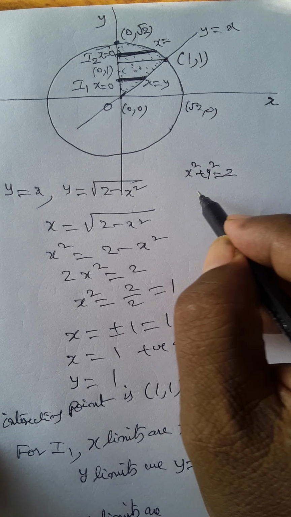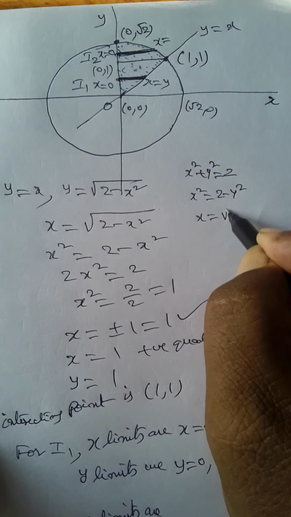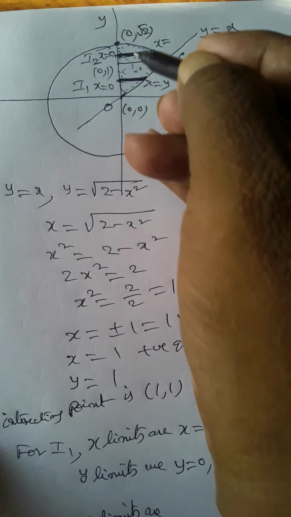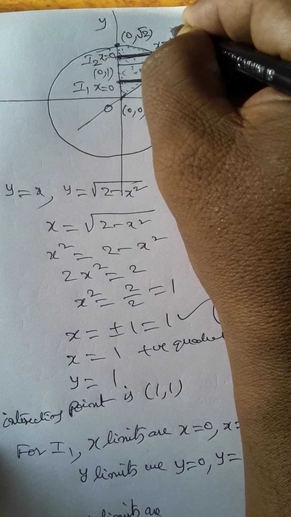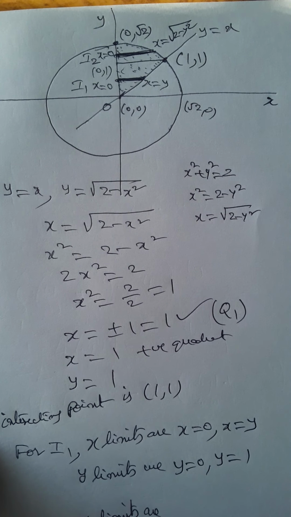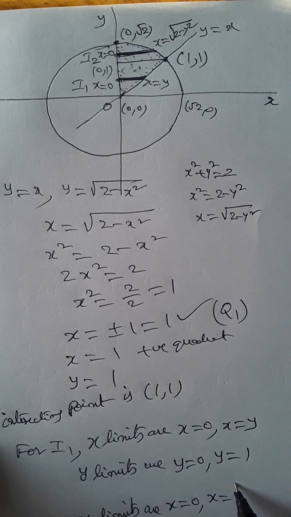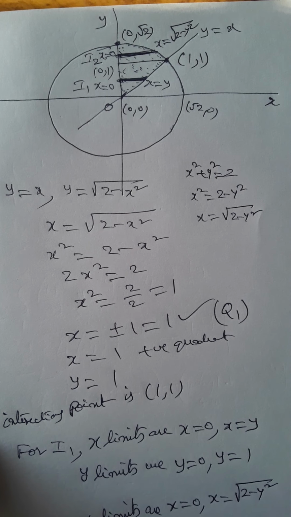Here we have to get the x value. So x square is equal to 2 minus y square, x is equal to root of 2 minus y square, positive quadrant. So x is equal to 0, x is equal to root of 2 minus y square.